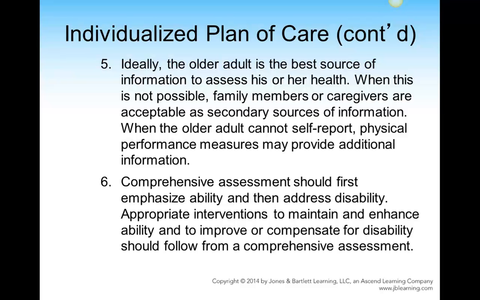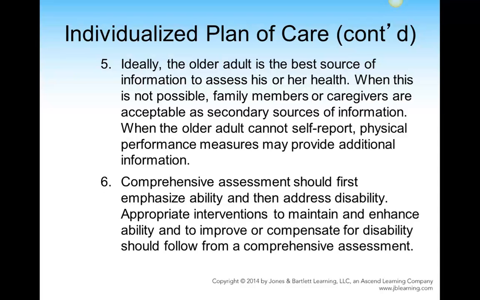Again, go to that older adult for the information. Only use secondary sources when it is not possible to get that information, and you need to hope that they're good historians and also giving you accurate information, because if the family lives out of town, they don't know that parent on a day-to-day basis.